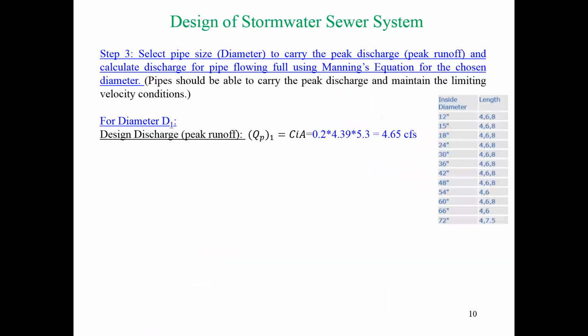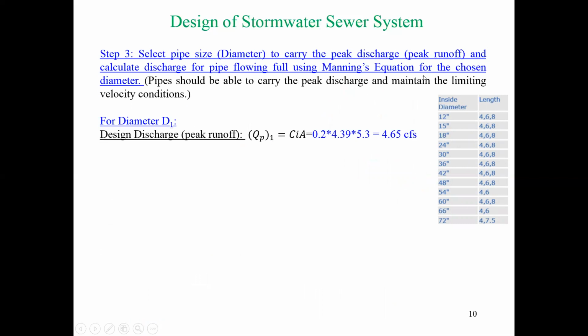Now step 3. Now we have to select the diameter. Select pipe size to carry the peak discharge and calculate discharge for pipe flowing full using Manning's equation for the chosen diameter. Okay, and as we said, when we choose a diameter, we have to make sure that the pipe can carry the peak discharge here.